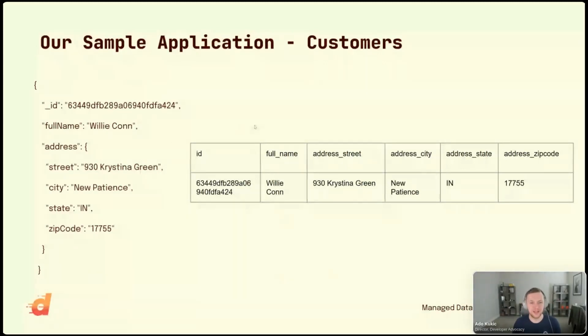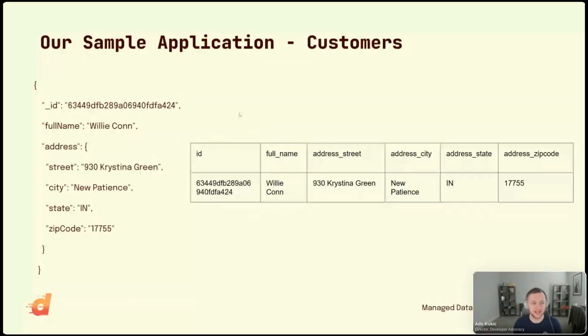So in our sample application with our customers collection, on the left-hand side, we have the MongoDB data model that we're going to be working with. And then on the right-hand side, we have the Postgres table. You'll notice with the MongoDB example, it very much looks like a regular JSON document, right?